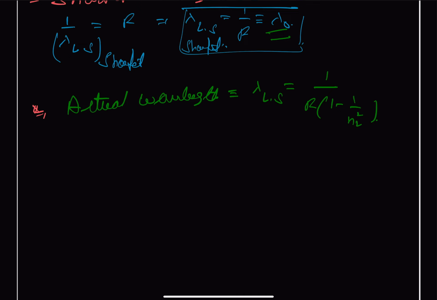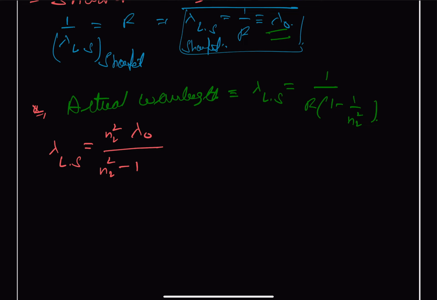Therefore, we can write that lambda LS will be equal to lambda naught, and we can take n2 square as LCM, so this becomes n2 square divided by n2 square minus 1.